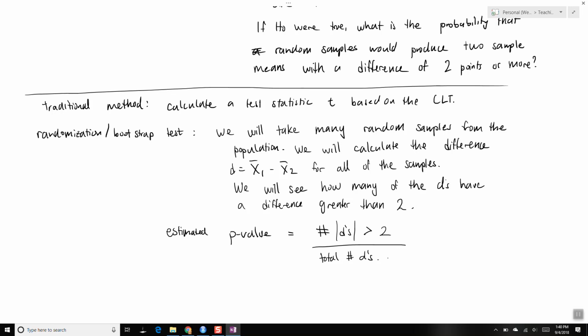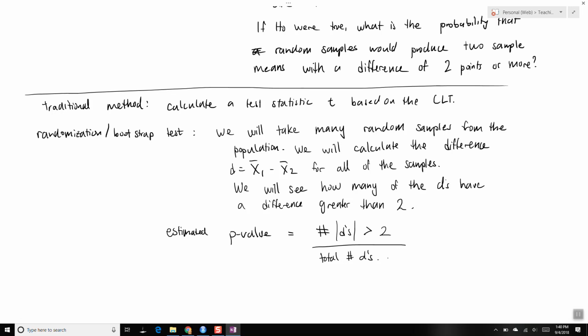So rather than relying on the central limit theorem and our understanding of the shapes of distributions to get the probability of our test statistic, we are going to do the random sampling ourselves. Is that okay?